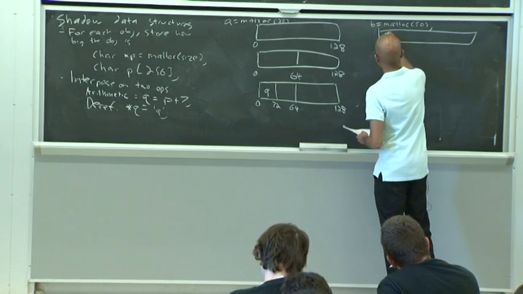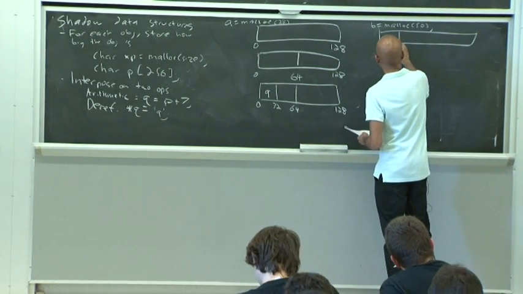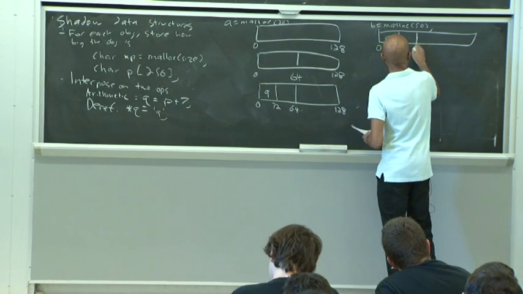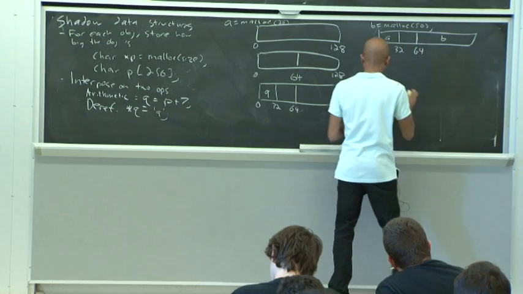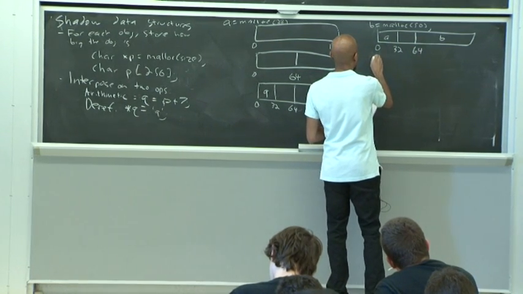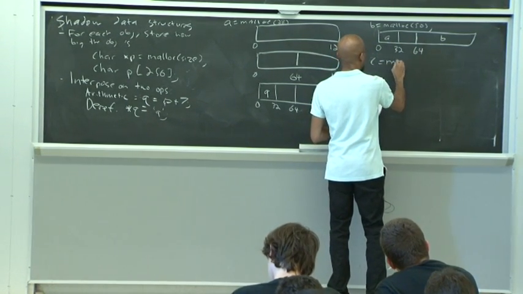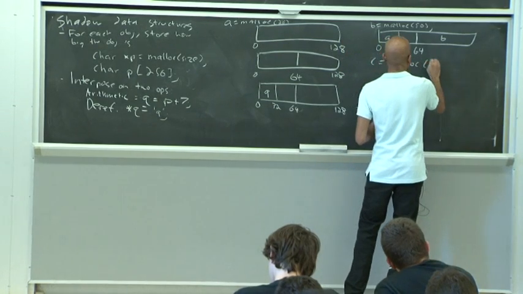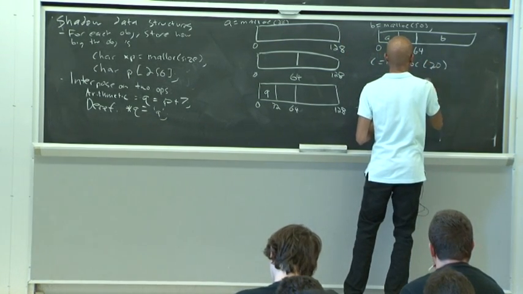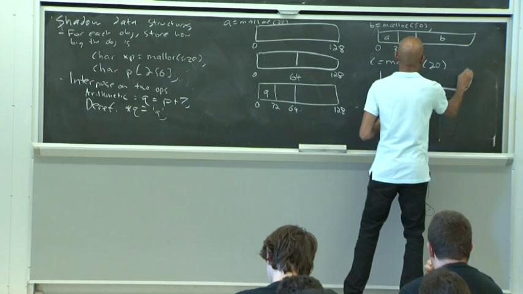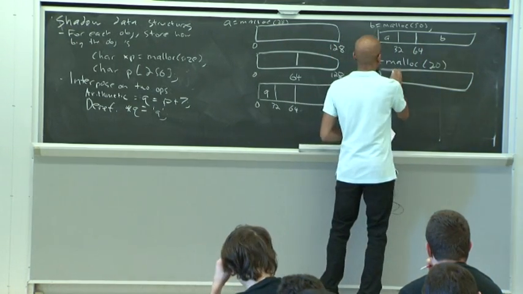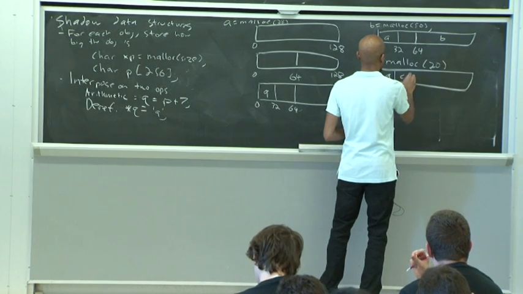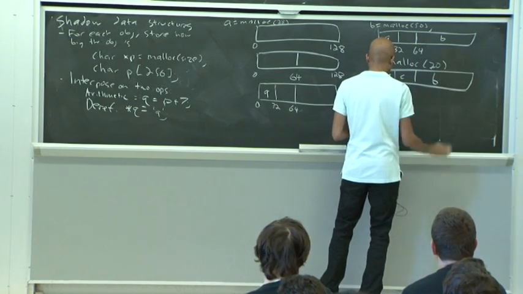So we have a setup where we have A here, and then we have B here. Then let's say another request comes in for 20 bytes. This is pretty straightforward because we can put that right here, so then you have something that looks like this.